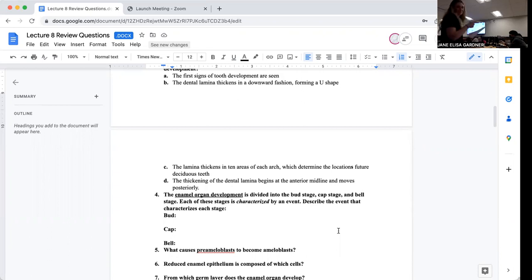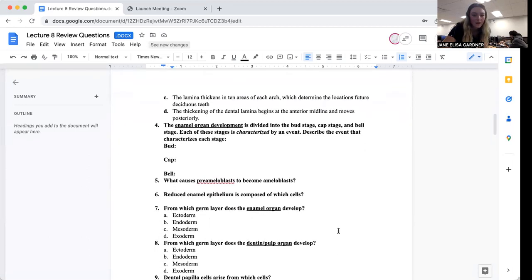Nice. Okay, next. What causes preameloblasts to become ameloblasts? And the polarity change happens because of what? Do you remember?